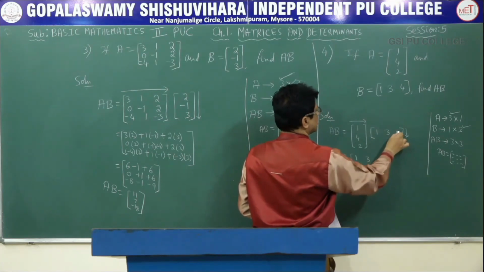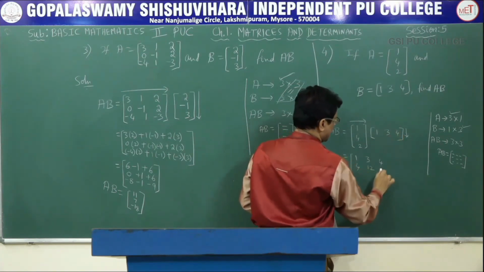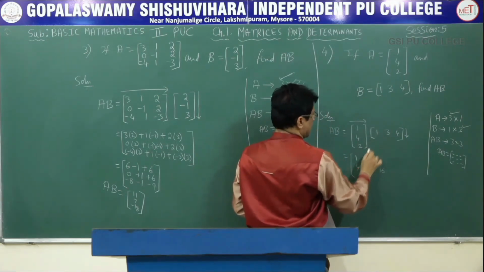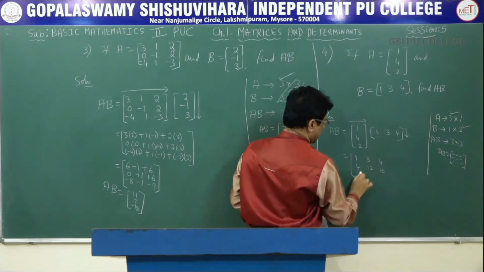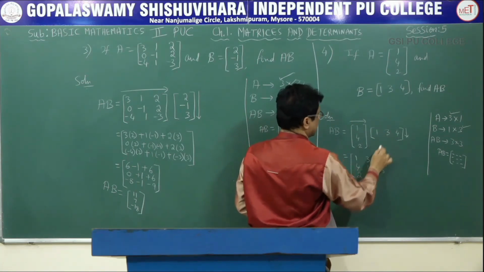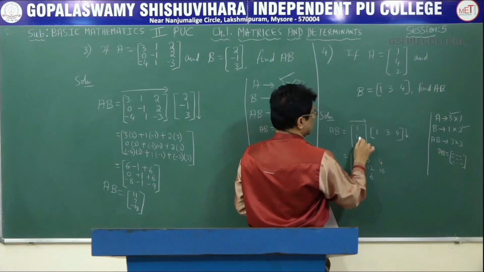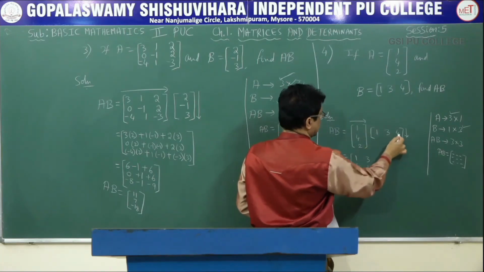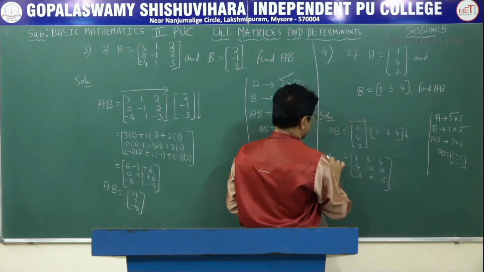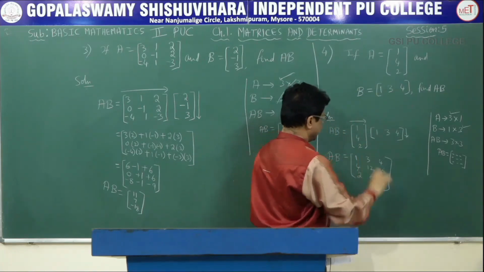Second row third column, 4 into 4, 16. Third row first column, 2 into 1, 2. Third row second column, 2 into 3, 6. Third row third column, 2 into 4, 8. So that is matrix AB.